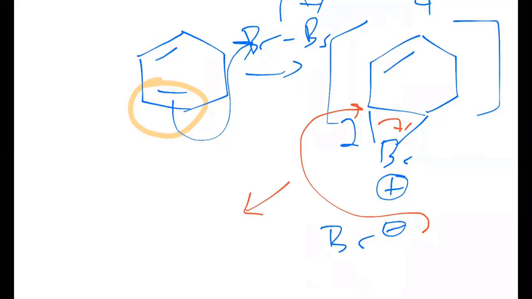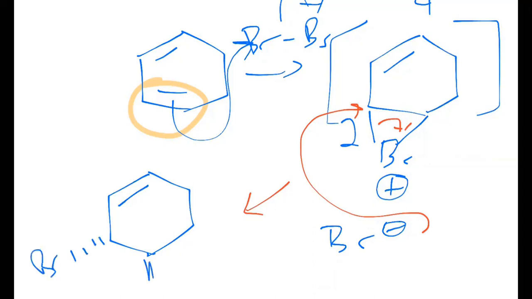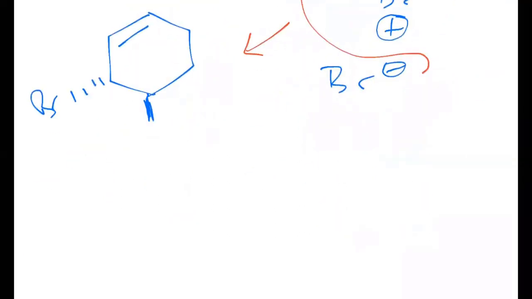Trans stereochemistry. It's got to be trans, right? That's a hallmark of that reaction, is that the stereochemistry is trans. So I'm going to put this one down like that. I'm going to make this one wedged. Like that. Is that okay?